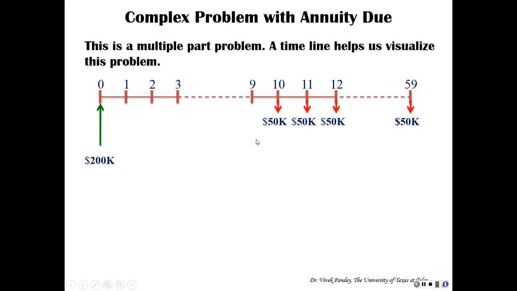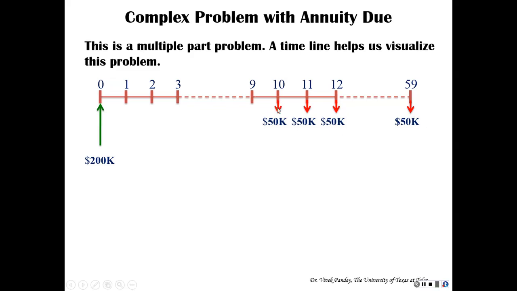So what we're going to need to do is draw a timeline, basically from 10 years from now, when she's 35, till the time she's 85. But since we're talking about payments at the beginning of each year, the timeline doesn't stretch to 60 because the last payment is going to be at 59. This is an annuity due, right?